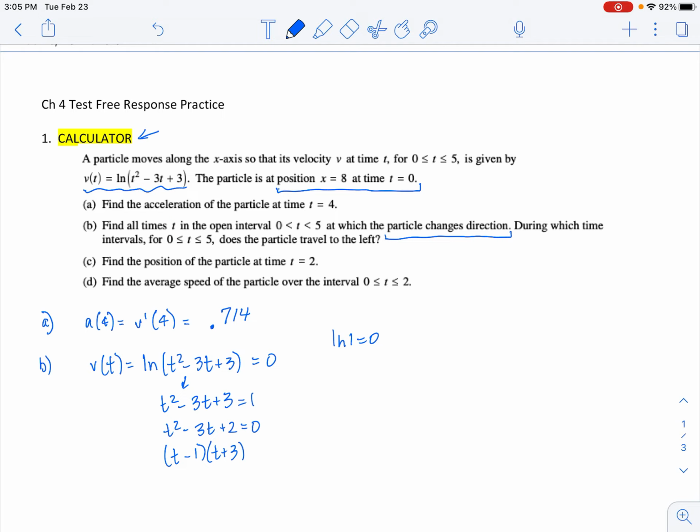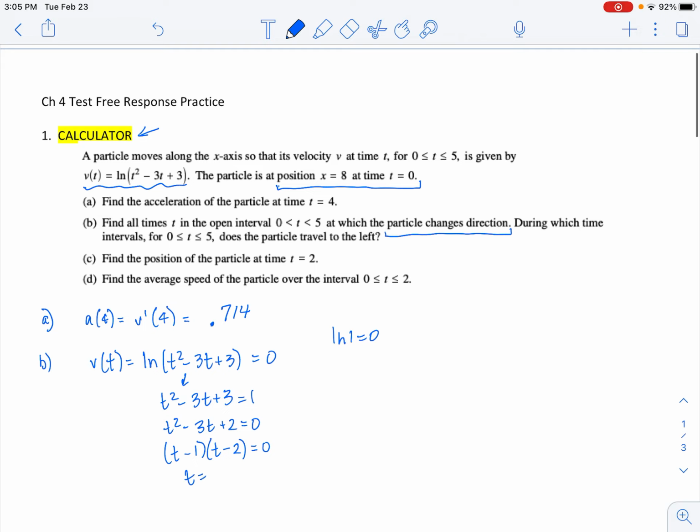Oh, that's a 2, sorry. Minus 2. Okay, and then that gives us answers of 1 and 2.